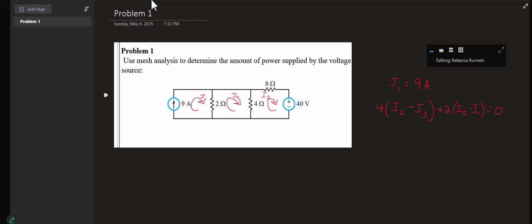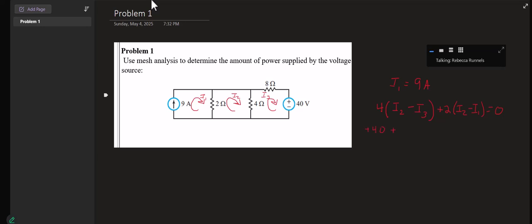All right, now going around loop 3. When you come to a voltage source, if in the direction you're traveling, you're going into the positive terminal, then you make it positive. If in the direction you're traveling, you're going into the negative terminal, you make it negative. So in the direction I'm traveling, I'm coming into the positive terminal, so that's plus 40.